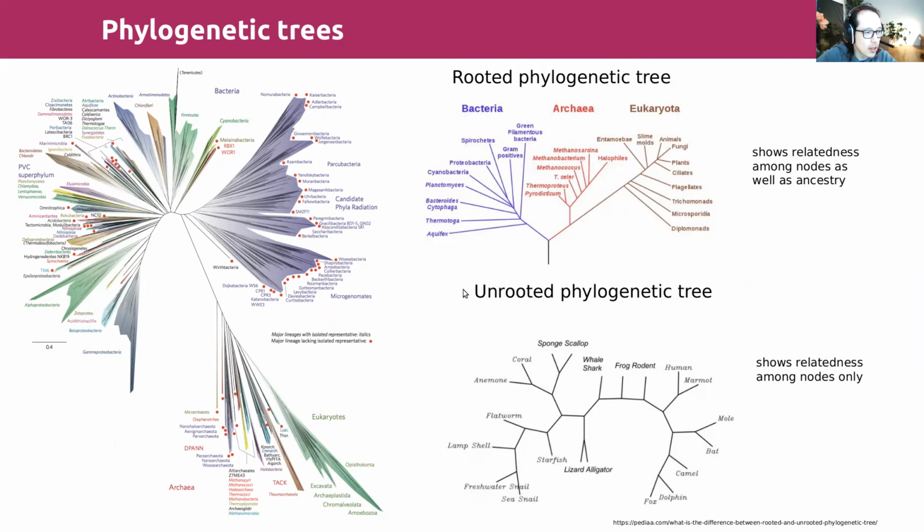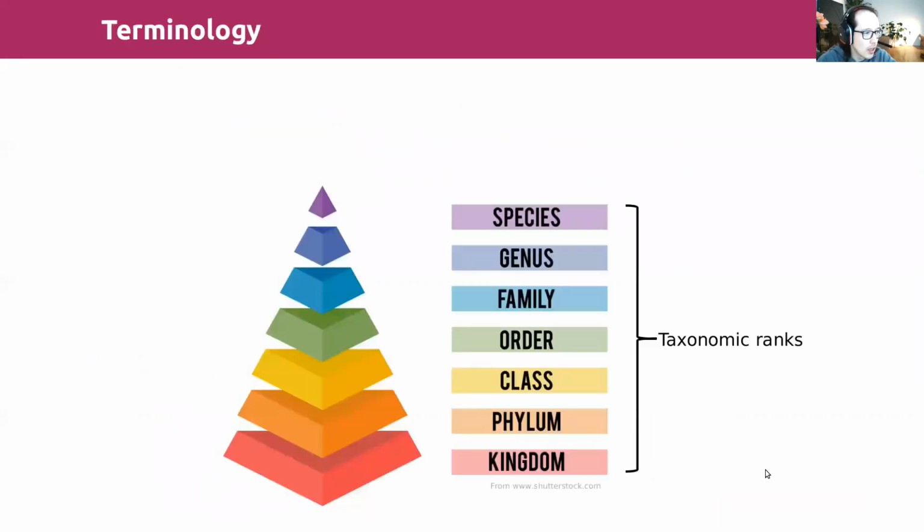There are a couple ways to present these trees. So you can have rooted trees where we're explicitly showing the positions of ancestors, and then unrooted phylogenetic trees where we're just showing the relative relatedness between present day groups.